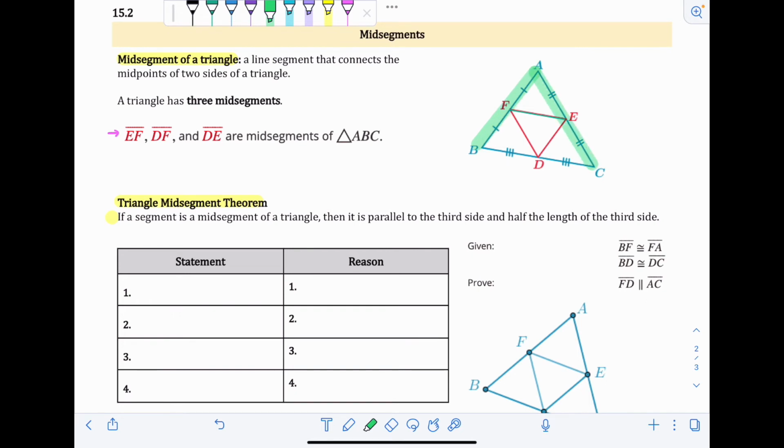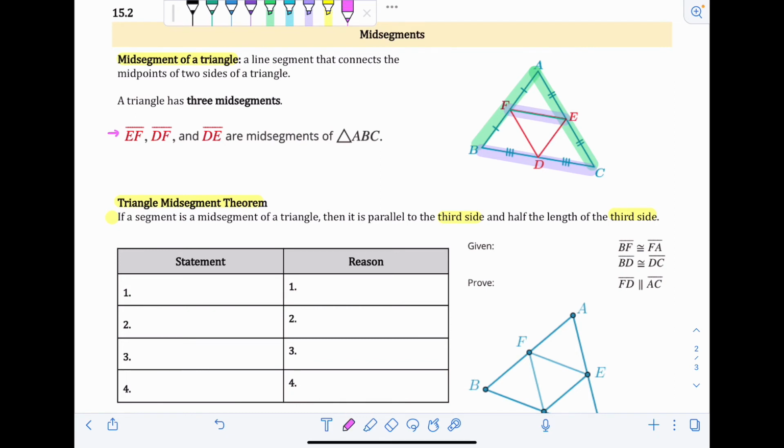So when it says the third side, right here and right here, it's referring to the side that the midsegment does not connect. So in this case, it's referring to BC. So we're focusing on FE and BC, the two highlighted in purple.